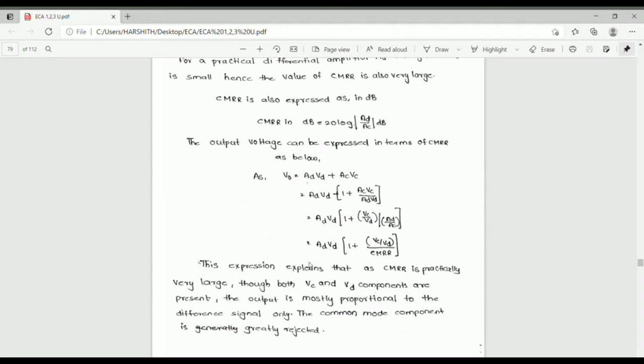With the help of a neat circuit diagram, describe the working of cascade amplifiers. Next one, derive the effect of cascading on the bandwidth of multi-stage amplifiers.